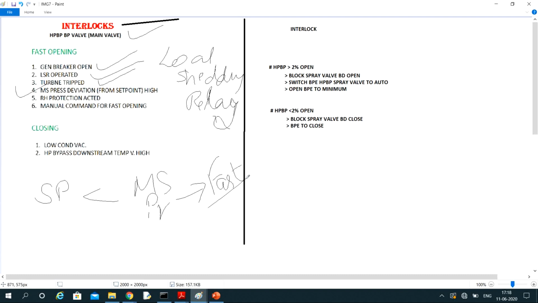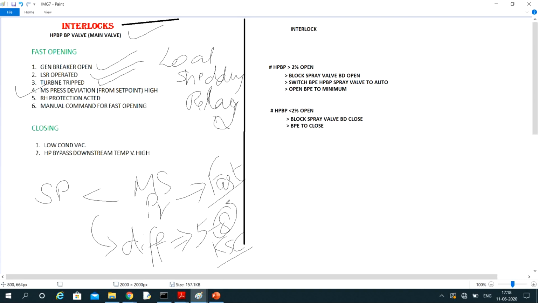This difference can be anywhere from 5 to 8 KSC depending on the unit. At one of the stations it is 8 KSC.